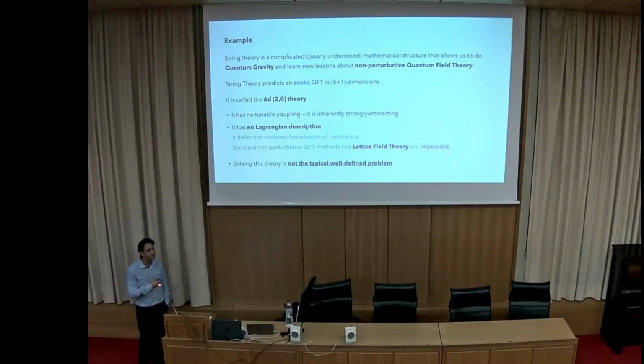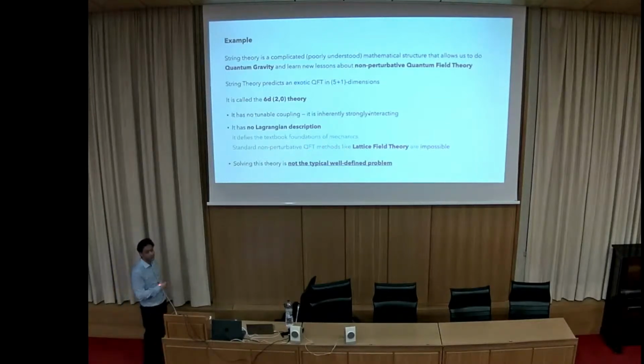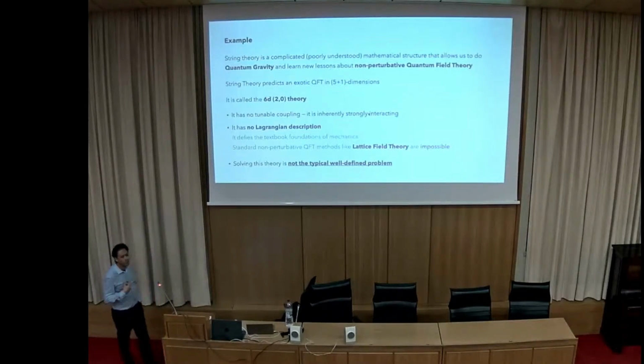I like to mention these examples in front of my condensed matter colleagues, who get a shock. They cannot think that it's possible to do anything without a Hamiltonian. So standard non-perturbative QFT methods, non-perturbative meaning beyond perturbation theory, we don't have a lot. One of them is lattice field theory, and we will not be able to apply this here because there is no Lagrangian, okay?